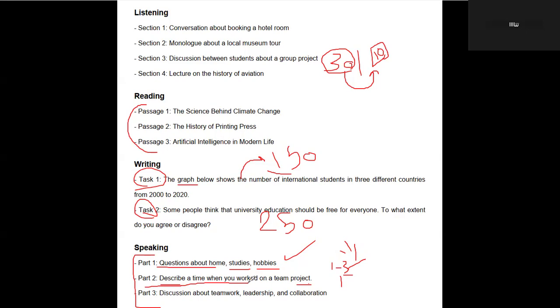Part three is a discussion about teamwork, leadership, collaboration, any other thing. It could be new for you, or something similar to what you go through, inshallah, during the course. It's only about how he can ask you something, and you can answer naturally, without hesitation, without using simple language, even using complex sentences or idioms.